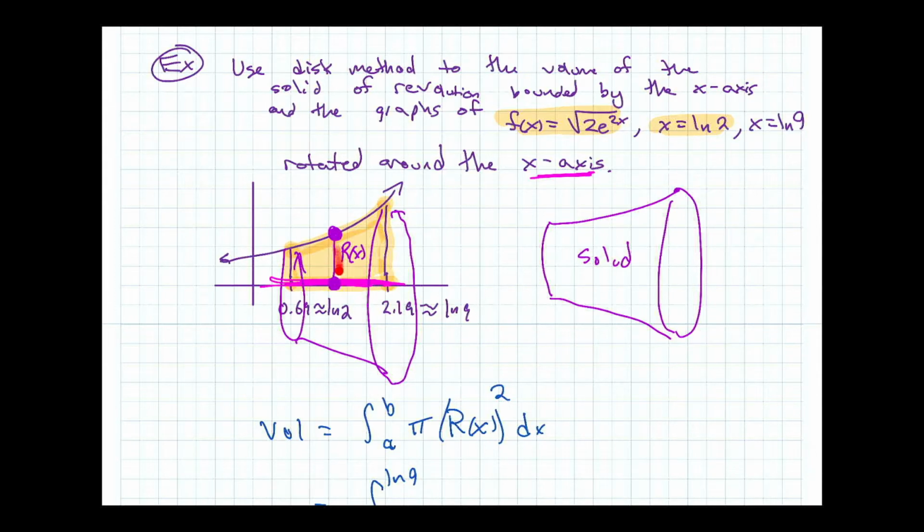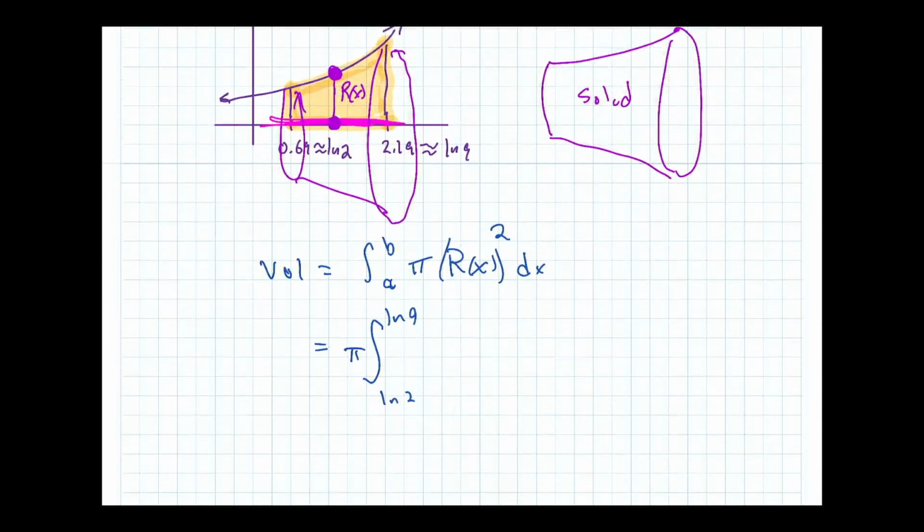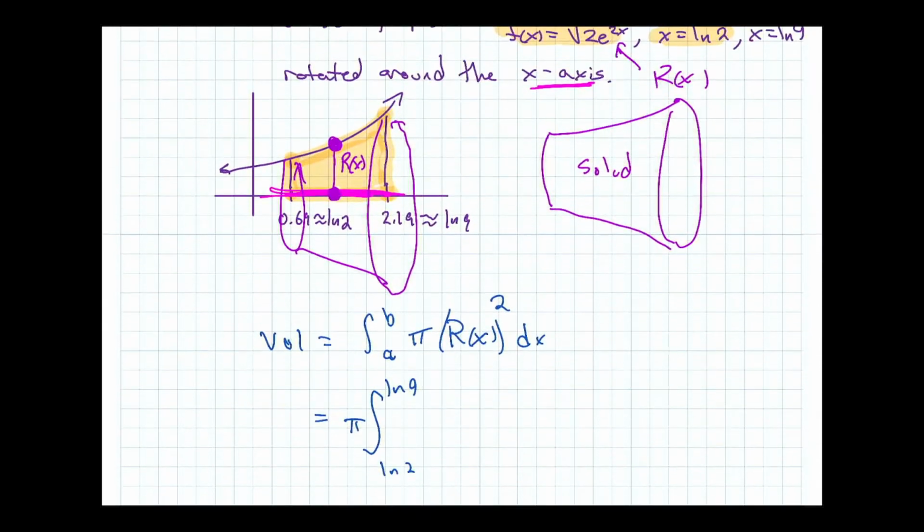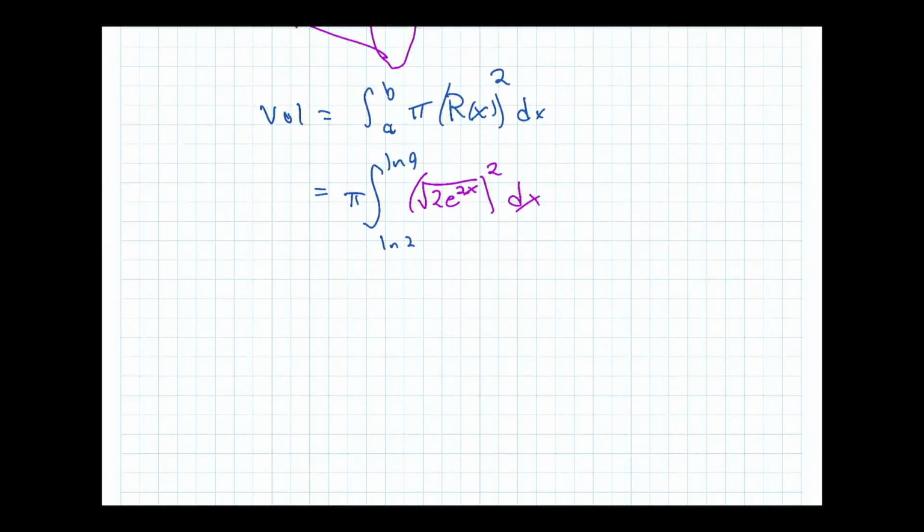So the radius is actually just this function. It's called f, but that's also the r. So you have your square root of 2e to the 2x, squared. That's your radius, and then a dx on the end. So this is the integral you have to do. Once you have it set up, now we should just solve it.